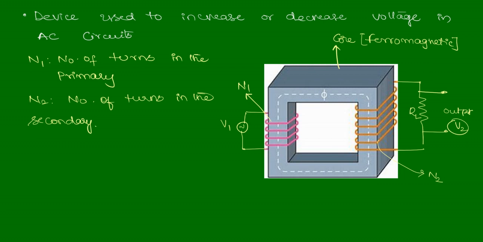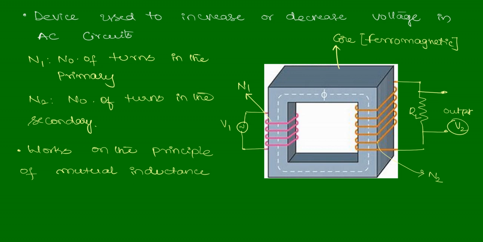And this transformer works on the principle of mutual inductance. As the primary circuit is connected to an alternating voltage, the current in this coil continuously changes with respect to time.